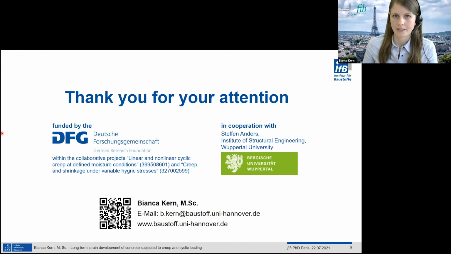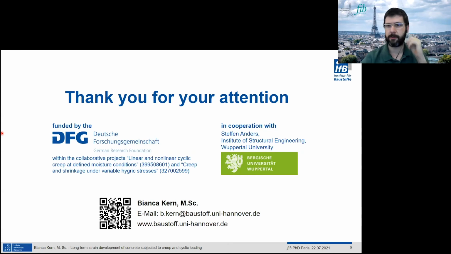He has the idea that in addition to the creep on the mean stress level, there's an additional strain due to micro cracks. This model doesn't fit my data perfectly, but I think it might be the right way to say that there's an additional strain.